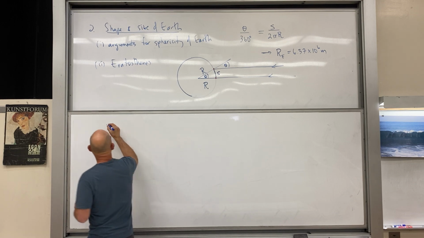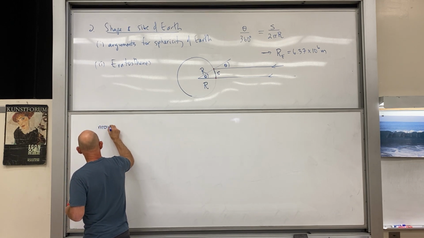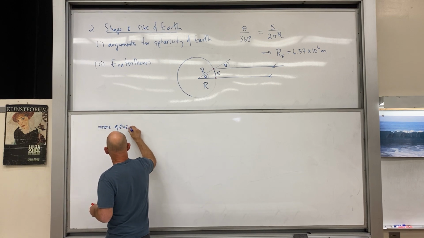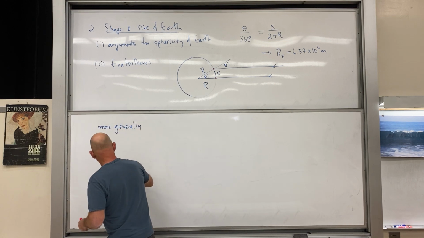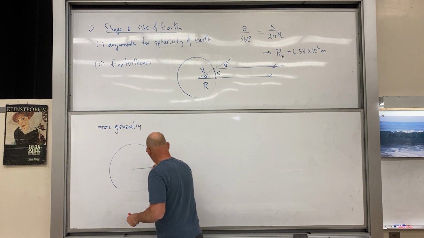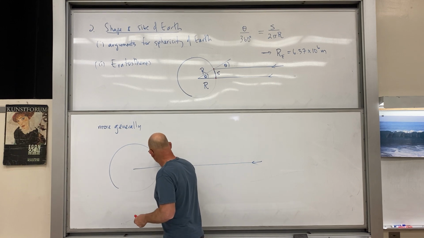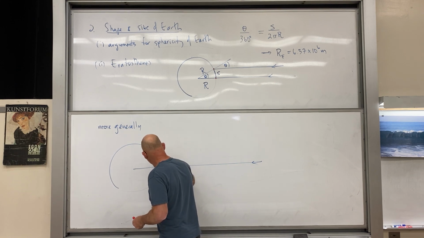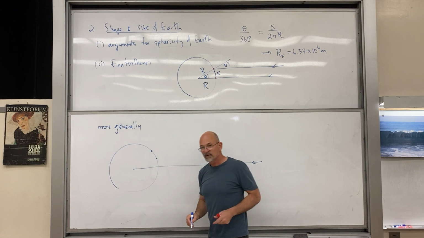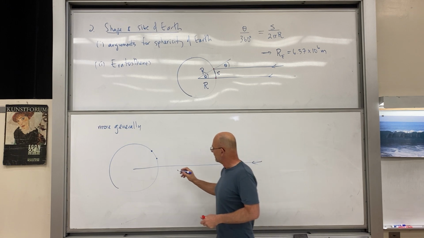So I'll just write here more generally. So once again, we've got our circle. I'm going to go ahead and draw this ray here, but now we have two locations as I've drawn them here in the northern hemisphere. We have two different locations.